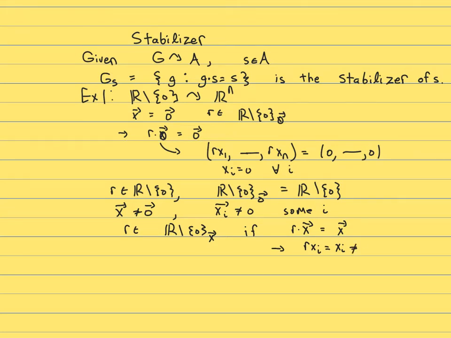And here, xi is not 0. So we see that r is definitely not 0 anymore. And, well, then by division, we see that r has to be equal to 1. So all the other examples have stabilizer 1.